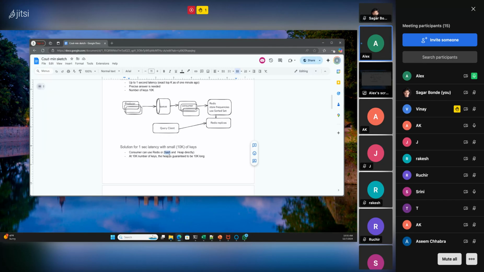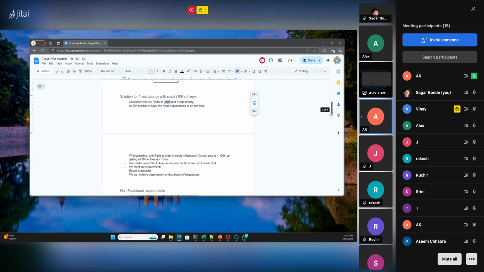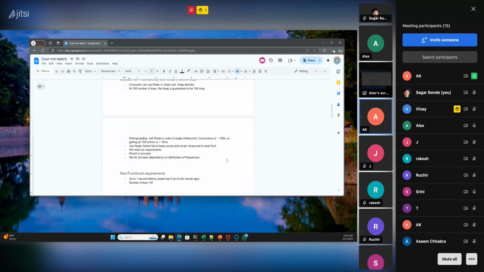This is just my research before preparing for this meeting. We are doing a collaborative effort. There is also something called Z sets. I don't know all the limitations on that, because you're using some kind of sorted set. If sorted set and Z set are the same thing, then I think we are on the same page. But if you think that's separate, then we just need to check it.